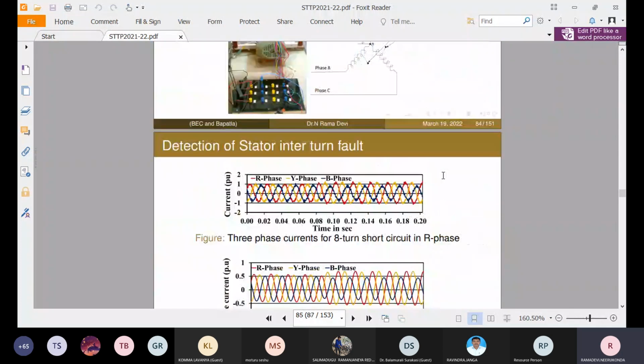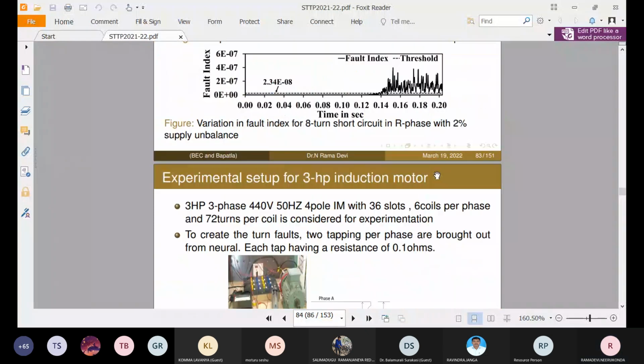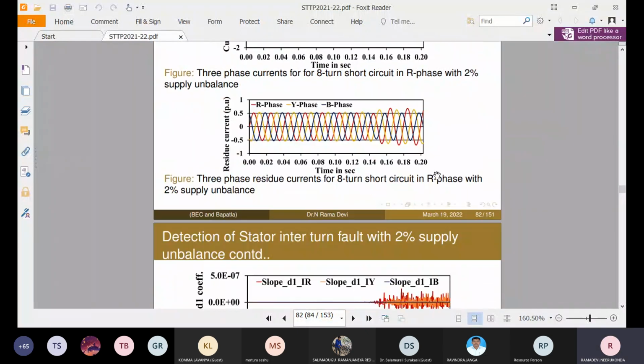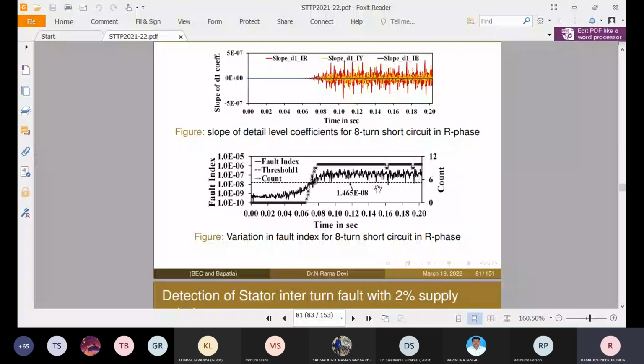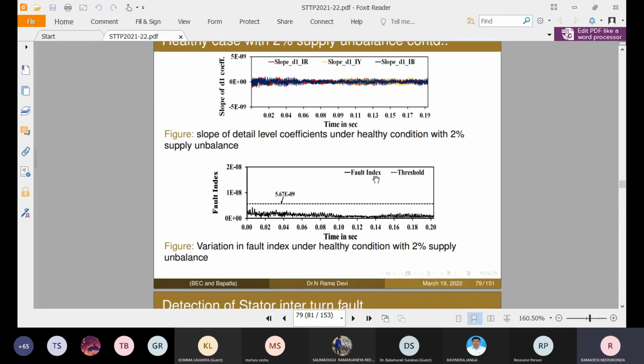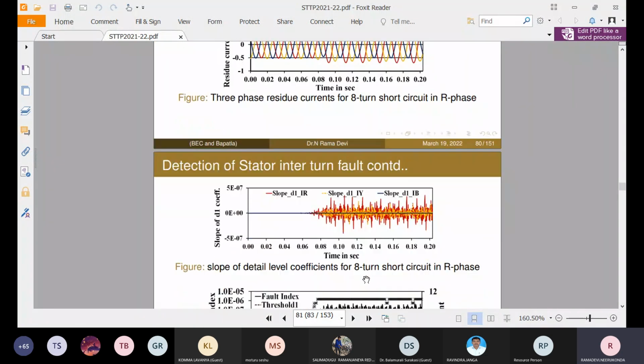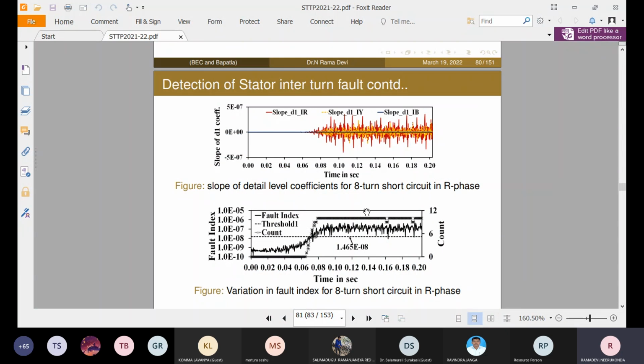Let us see here. The adaptive threshold is 1.465 E-08. For the normal case, its value is 5.67 E-09. This value is divided by that value. How much do we get?